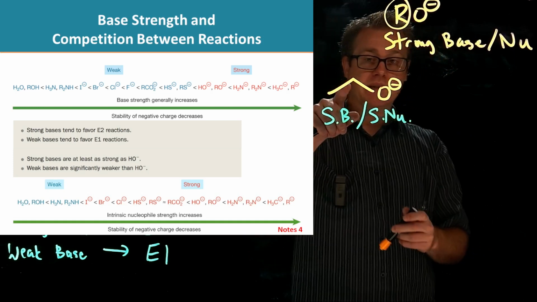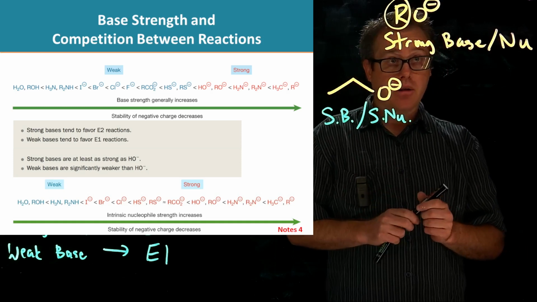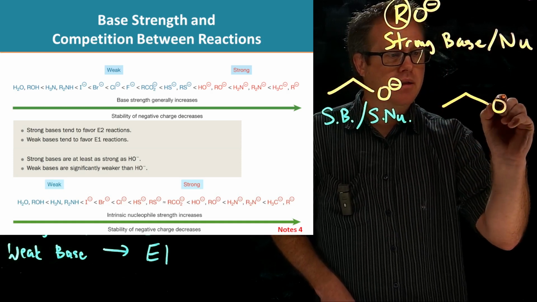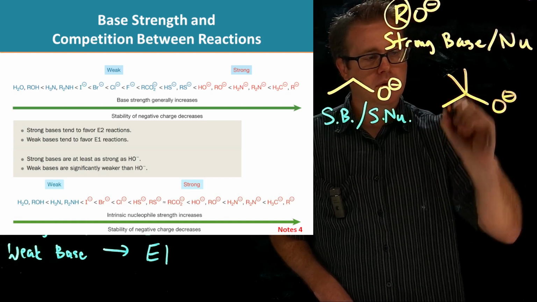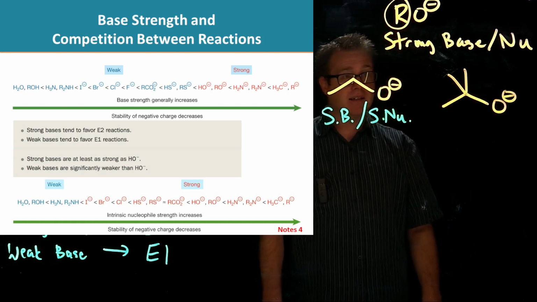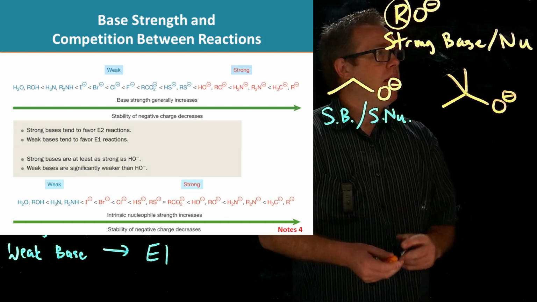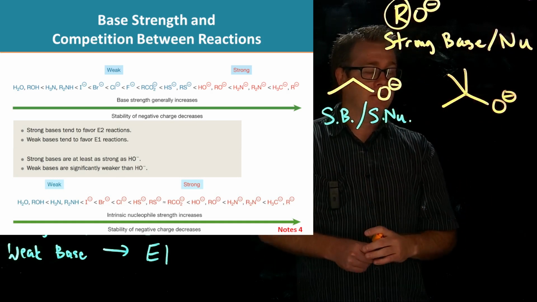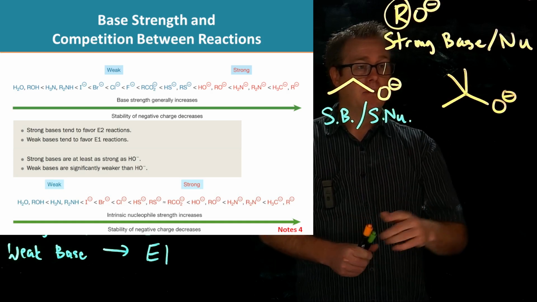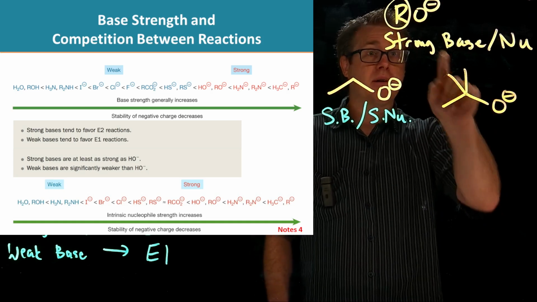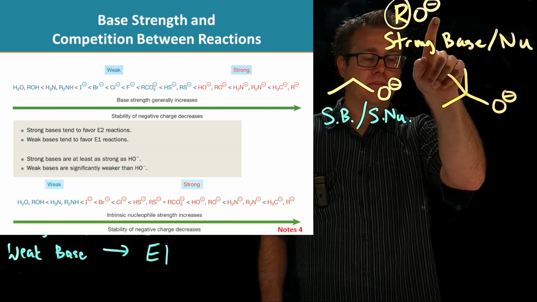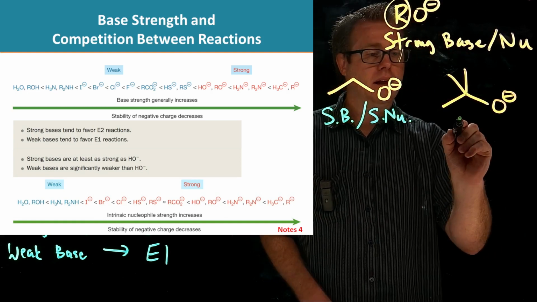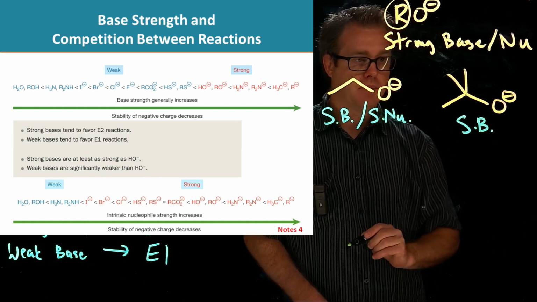But if we added some steric bulk to that R group, so compare it to something that looks like this, like that, tert-butoxide, and if we were using our PowerPoint as our guide, we can get a little misinformation here, because this does in fact represent an RO minus. But this one is only a strong base.